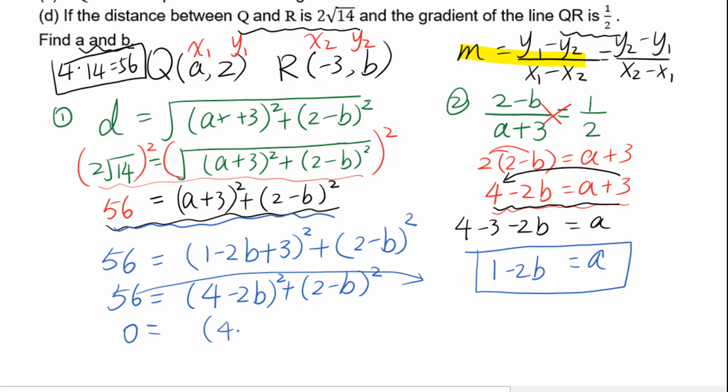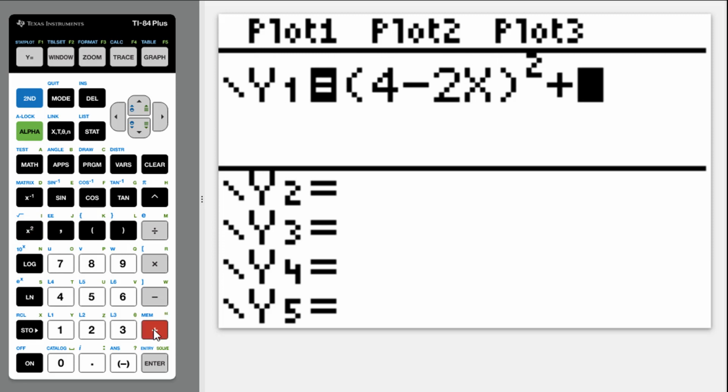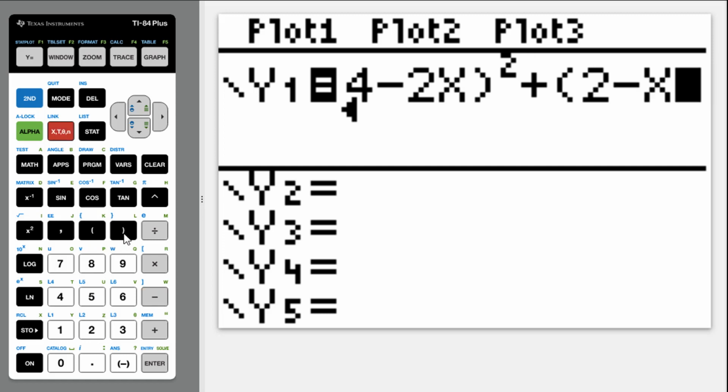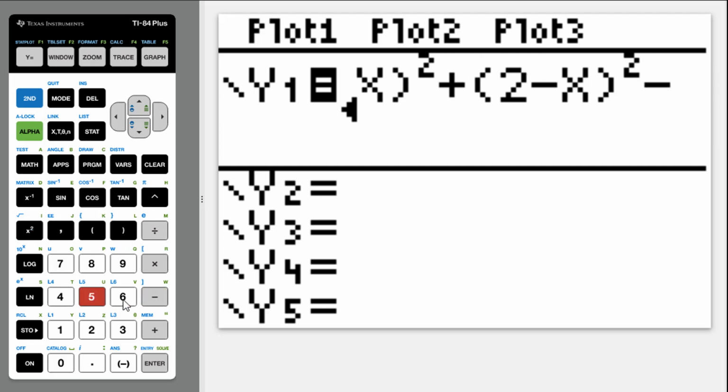So you have (4 minus 2b) squared plus (2 minus b) squared minus 56. Parentheses 4 minus 2x, changing the variable into x, squared, plus parentheses 2 minus x, squared, then minus 56.